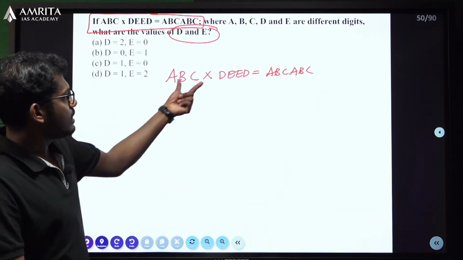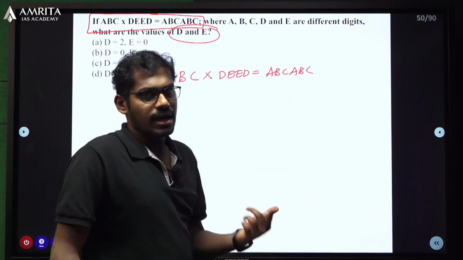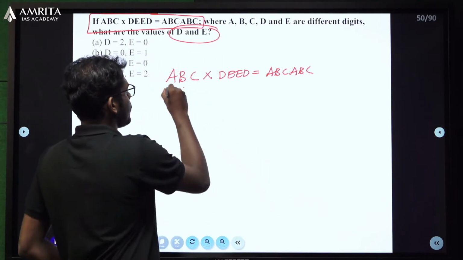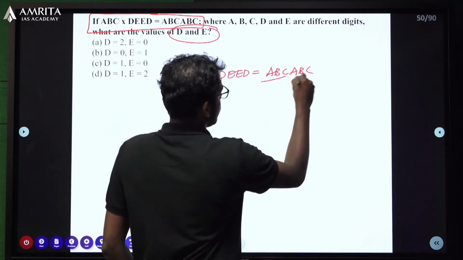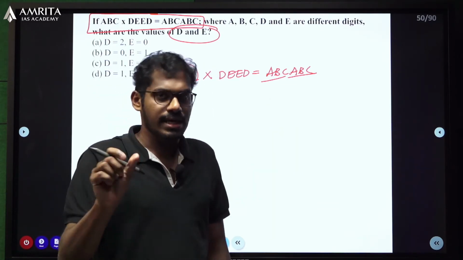So, a number is multiplied with another number, and the product has some kind of feature, because the first digits are repeated in a particular fashion. ABC is repeated, ABC.